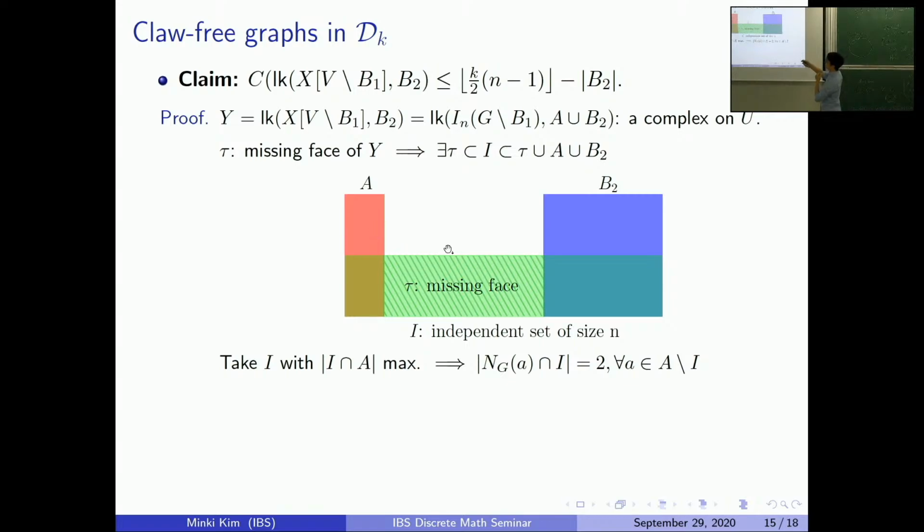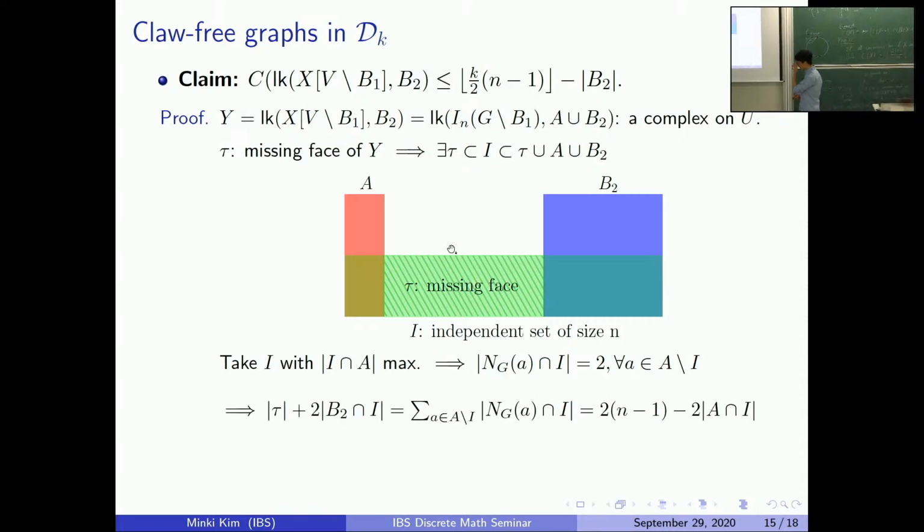Then we can construct another I prime with I prime intersect A bigger. So by the maximality, we can assume this equals 2. So all vertices in this red part should have two neighbors in I.